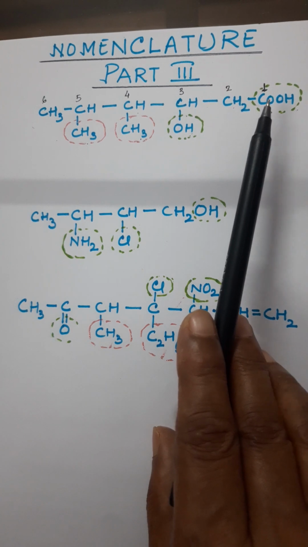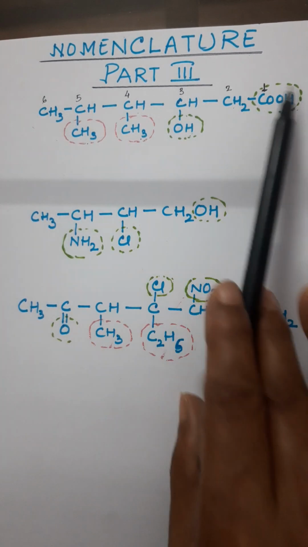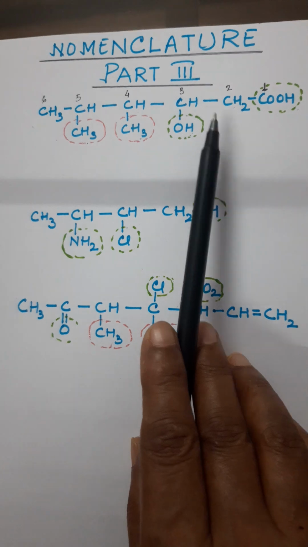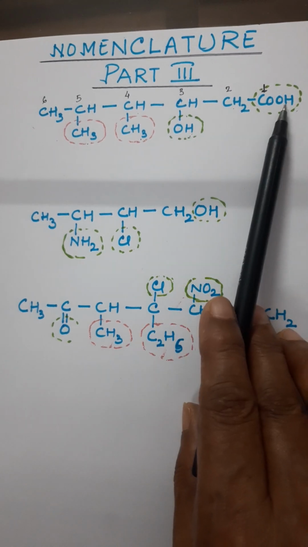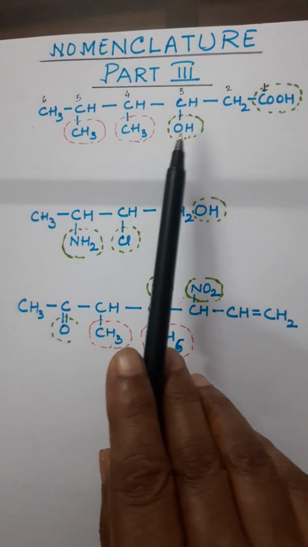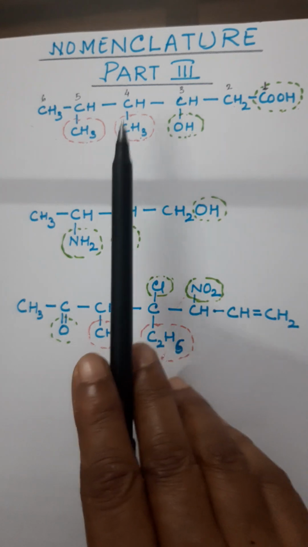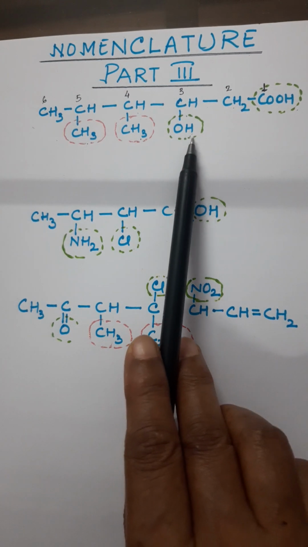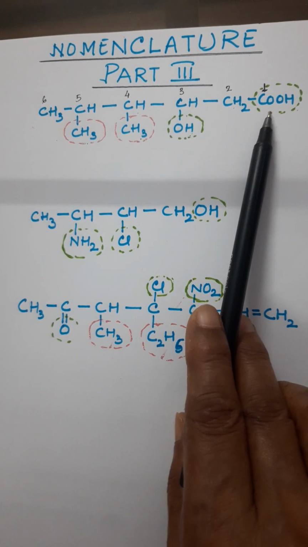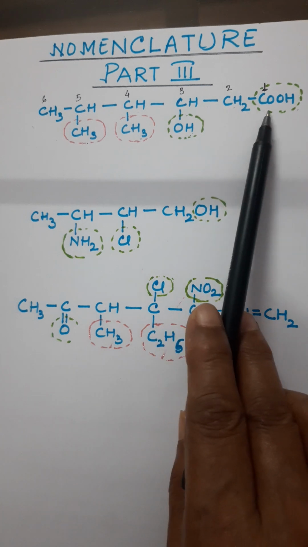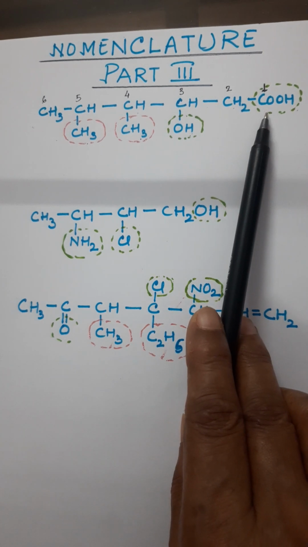That is, the characteristics of this compound will depend on one of these two functional groups and the other will be considered as a branch. Now, out of OH and COOH, the preference goes to COOH.